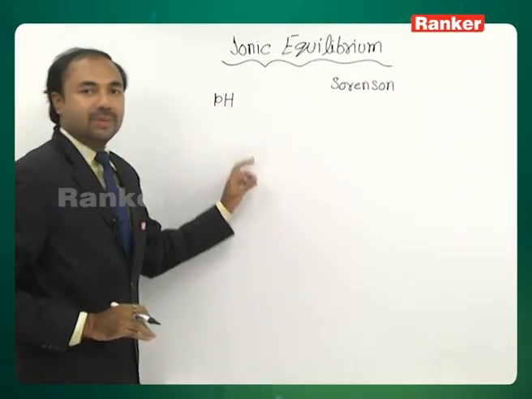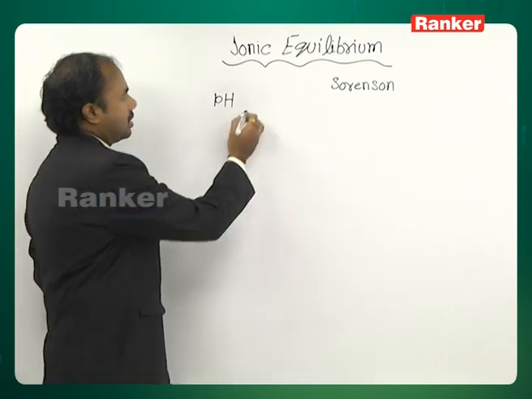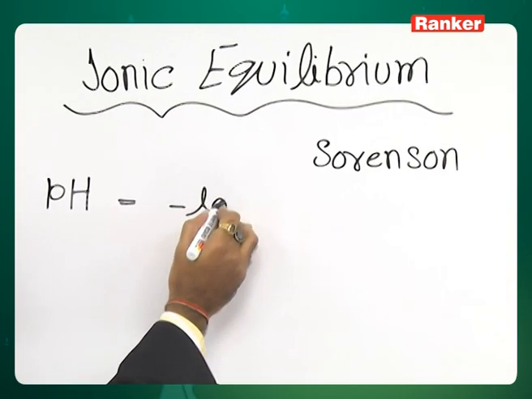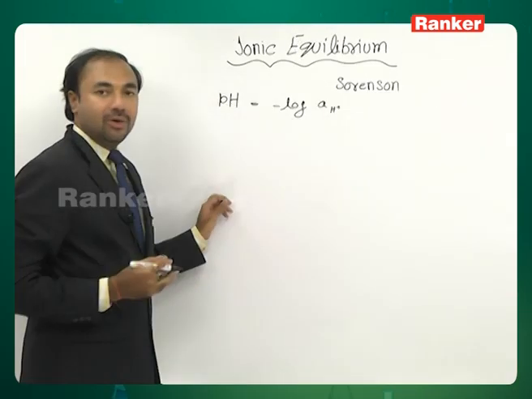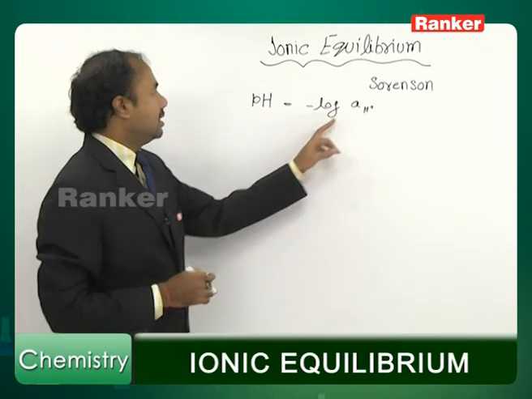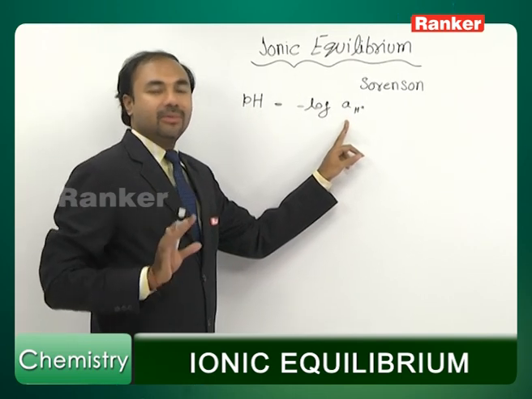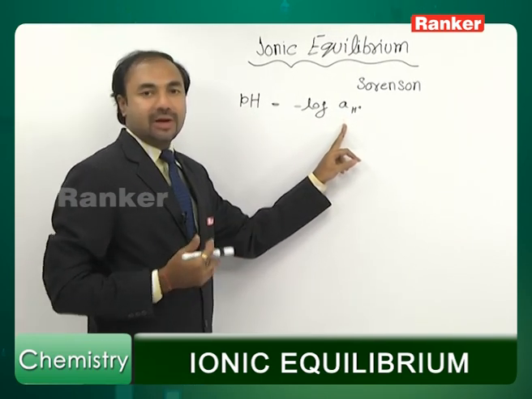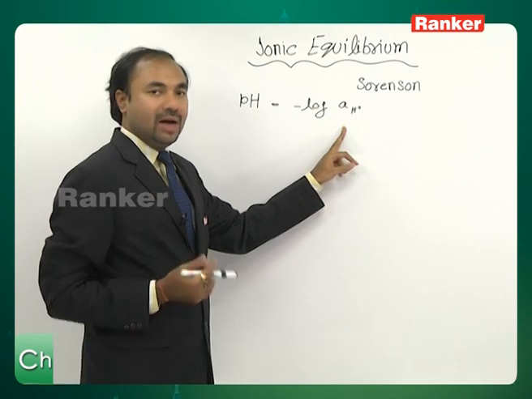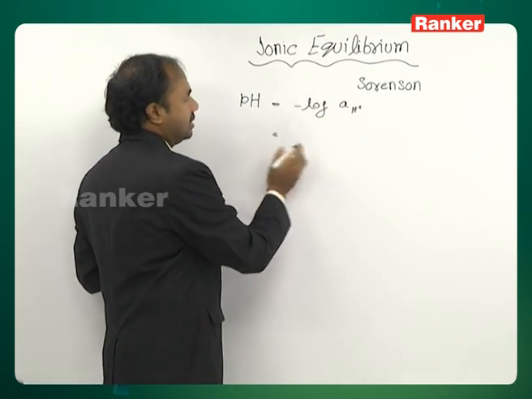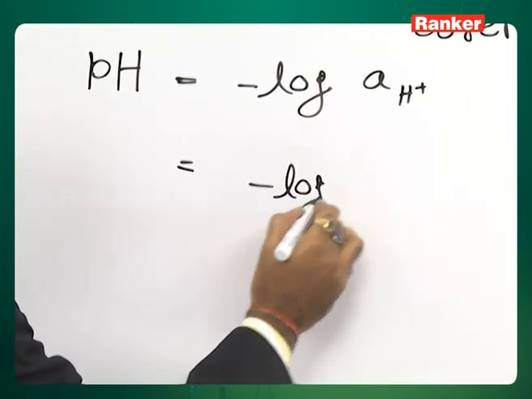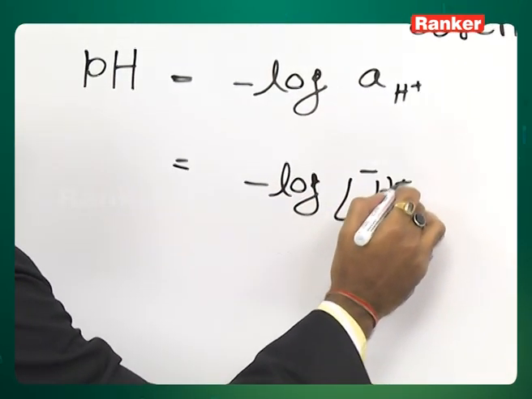He said that pH is equal to minus log of activity of H plus ions. Now, in case of dilute solutions, activity can be comfortably taken as equal to concentration of H plus ions.